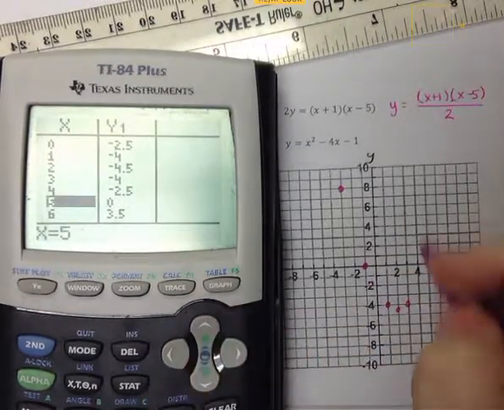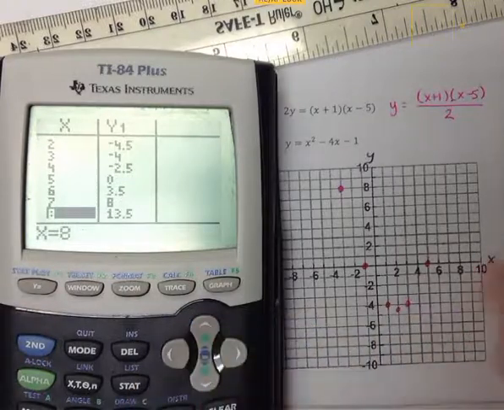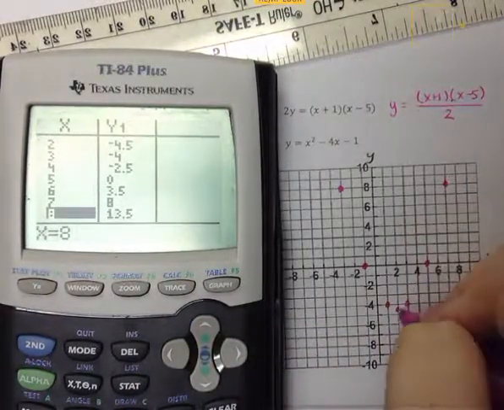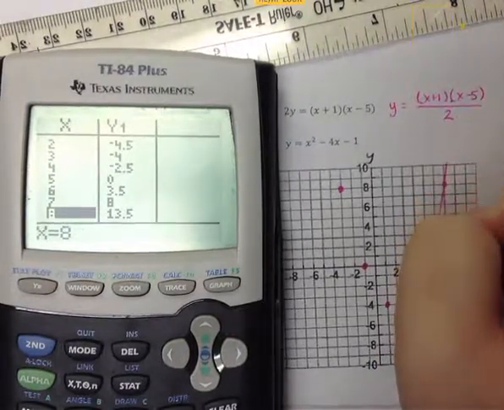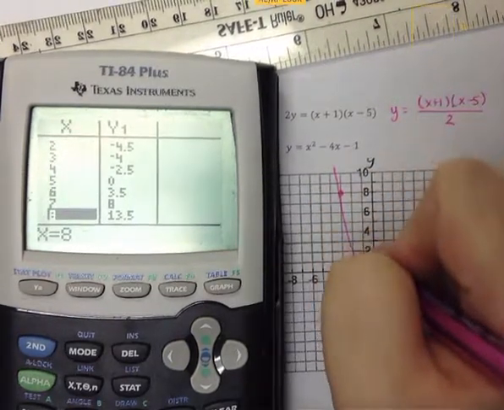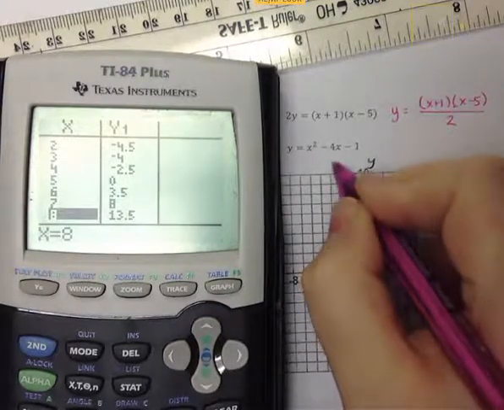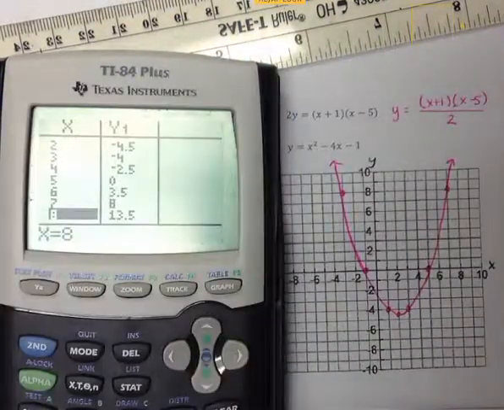So then it should be 5, 0, 7, 8, and that should be it. So try and put these as best as possible, curving through them. Arrows.